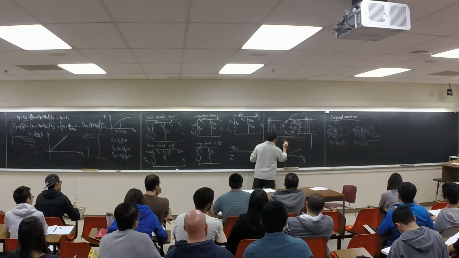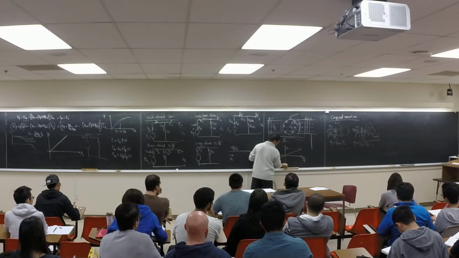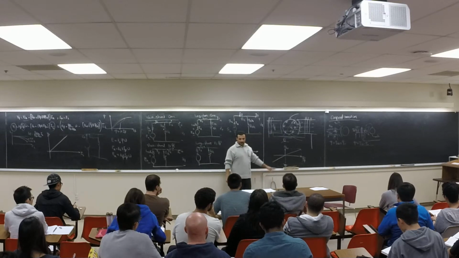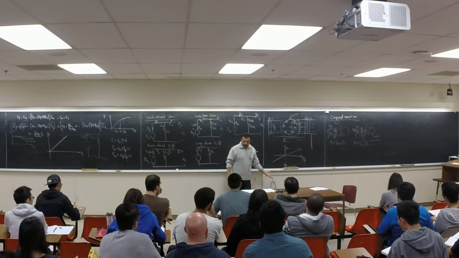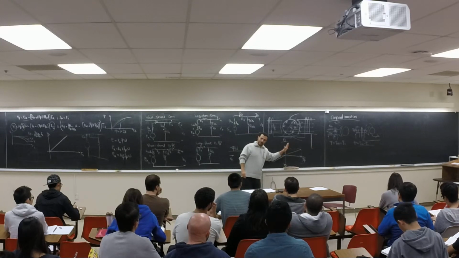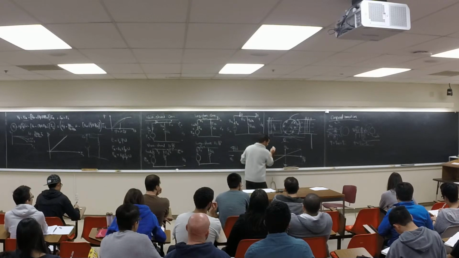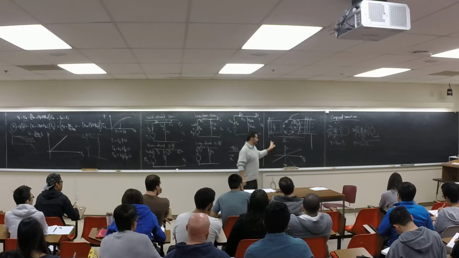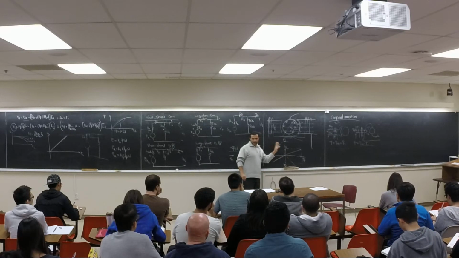I'm going to put my brushes here, right? But it's not correct anymore. Armature reaction changed my field, right? So I have to put it here. If you can put it here, it's correct.